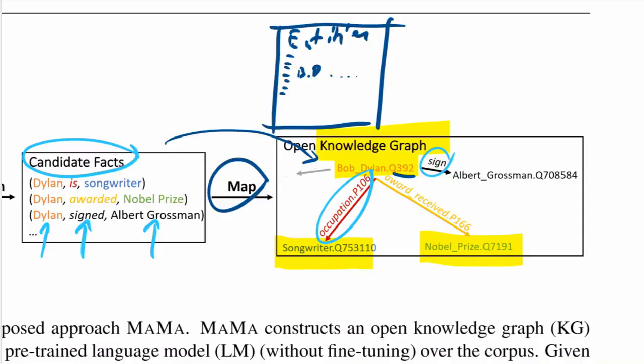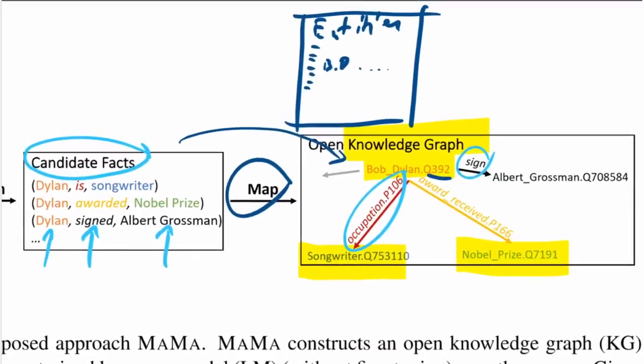This second stage right here is a bunch of standard tasks, especially mapping something like the word Dylan in its context to this entity Bob Dylan, which you can think of as like the Wikipedia page of Bob Dylan, right? That's how these systems usually work. That is a task called entity linking, okay?